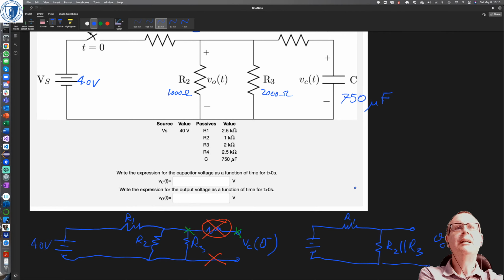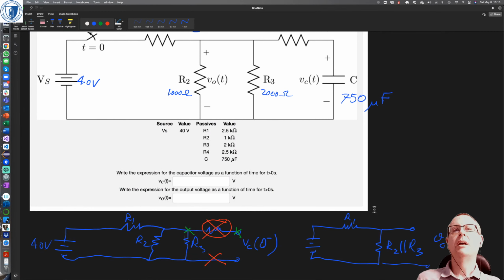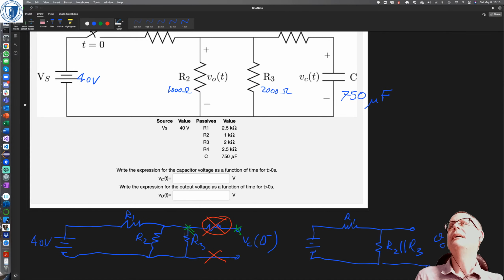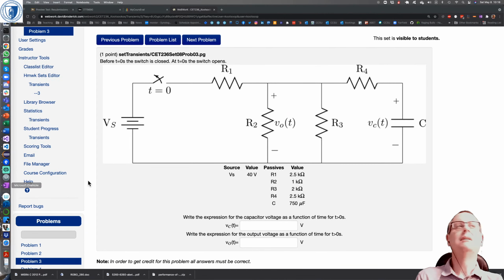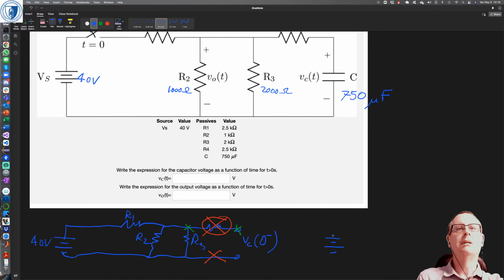And for mine, so what's that? I should have fired up MATLAB. Let me fire up MATLAB. Really wish they'd fix their software. Right, so that's still 40 volts.